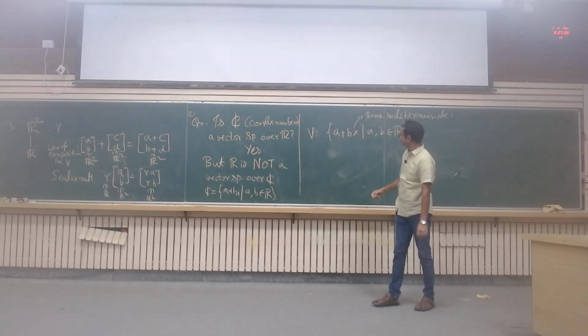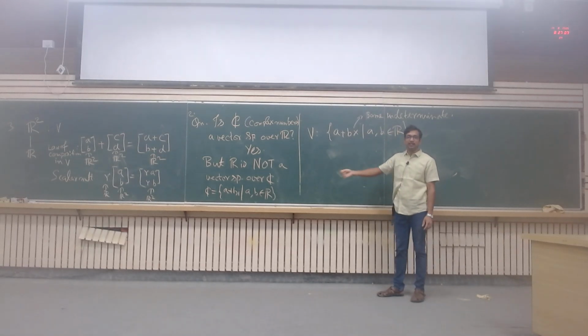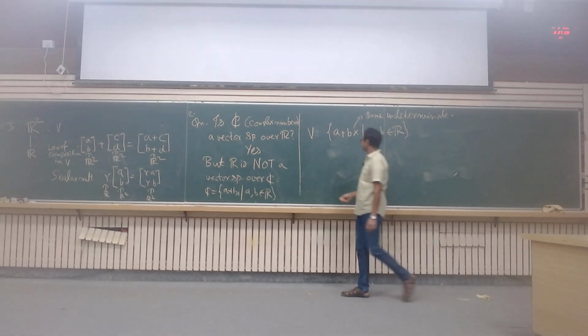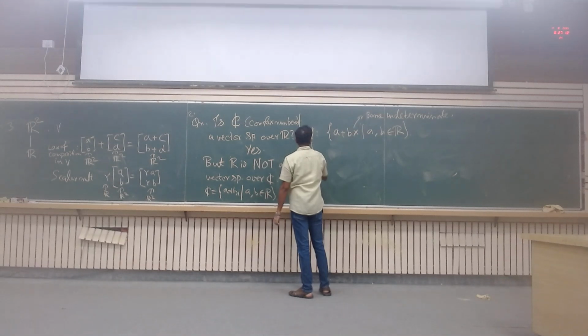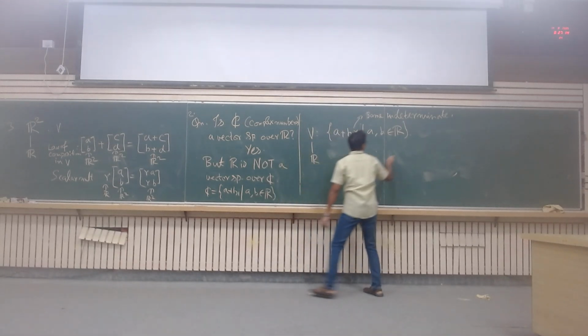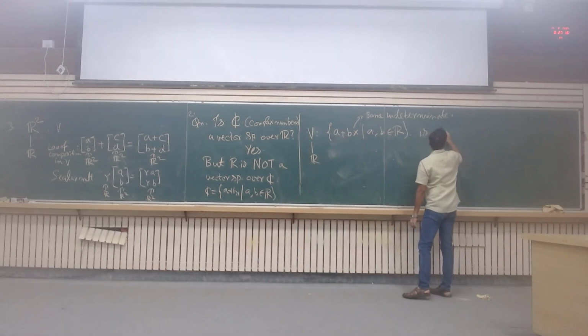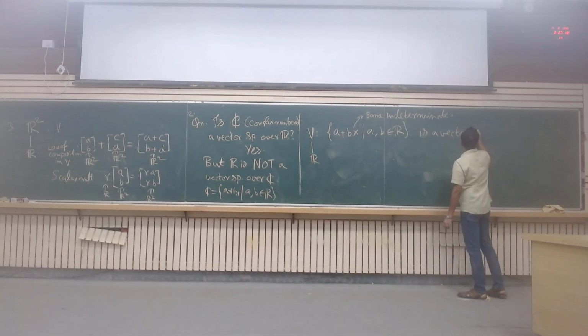It does, right? Because if you add two linear polynomials, you get another linear polynomial. Okay? So this over R is a vector space.